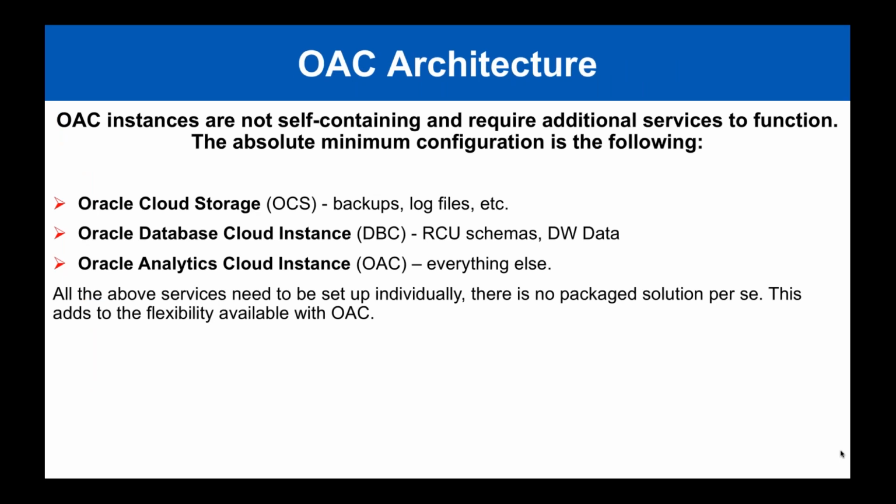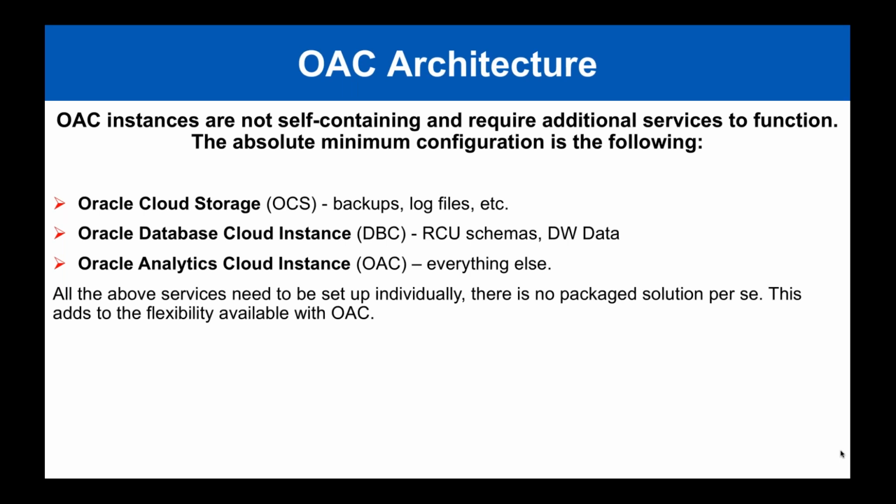Thank you, Peter. So the OAC architecture consists of those three services. OAC instances, they're not self-containing, as in it's not just one service that you buy and you get all of these features with it.